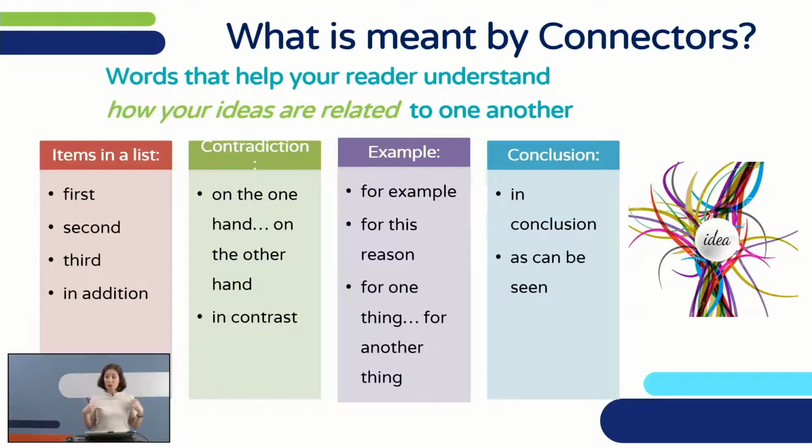Connecting words that show you're giving an example, like for example, or for this reason, or for one thing or for another thing. And words that show you're drawing a conclusion, so, in conclusion, or as can be seen. These are good connecting words. Make sure you use them because they make your writing sound better.